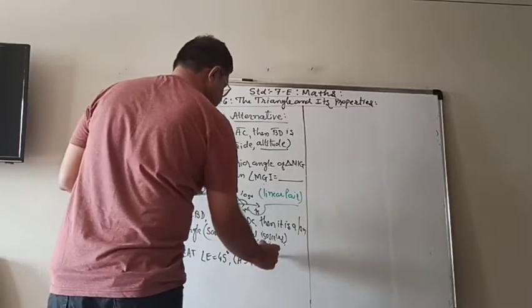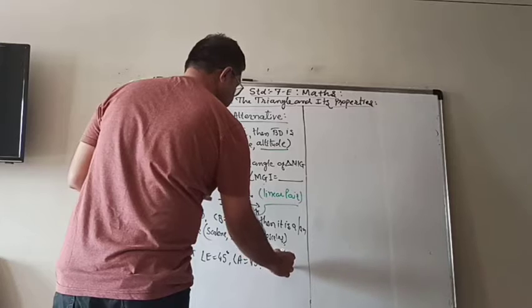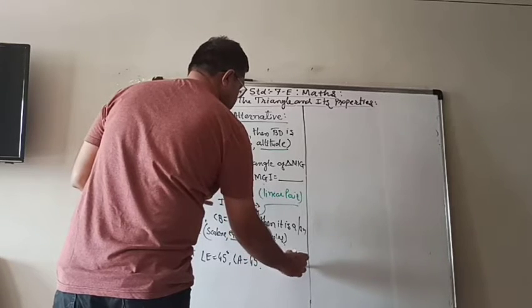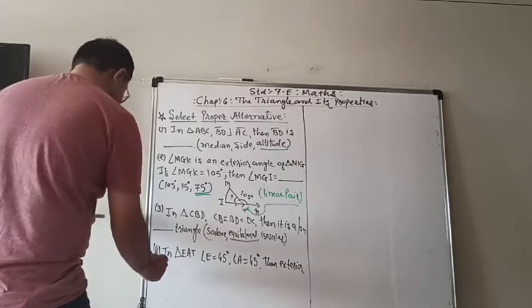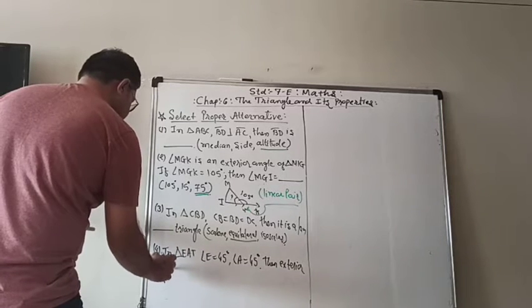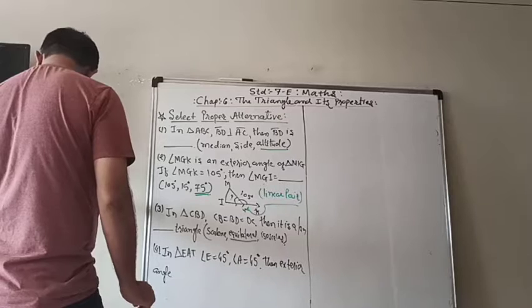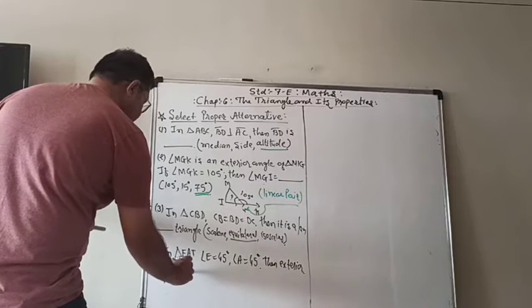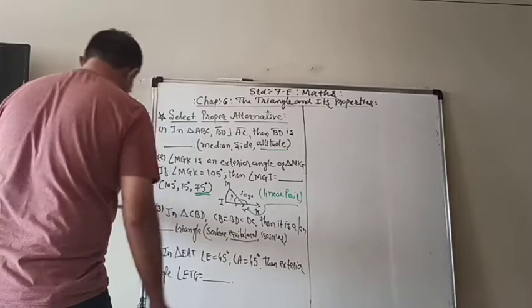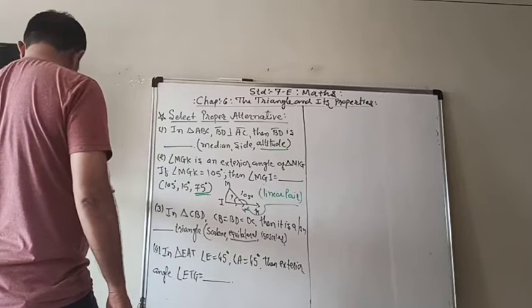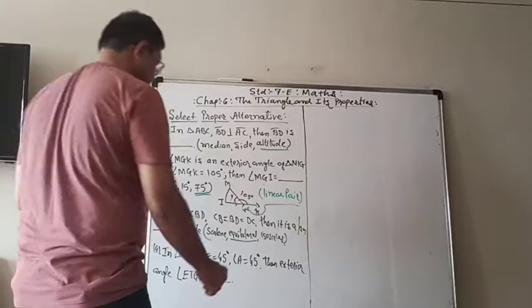Then exterior angle ETG is equal to blank. Options are 45, 90 and 100.